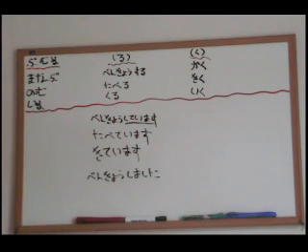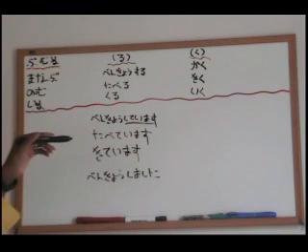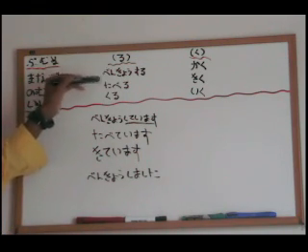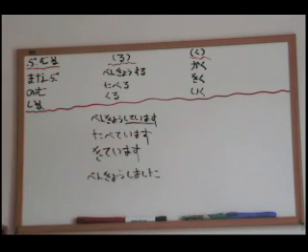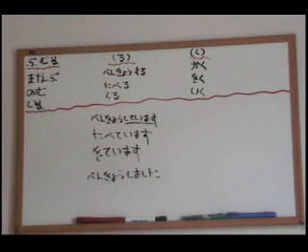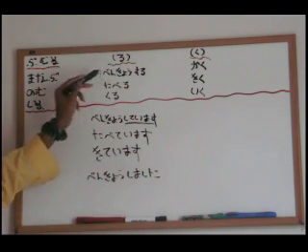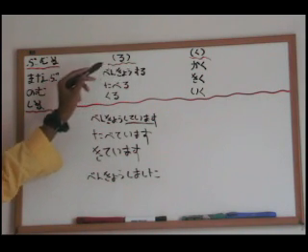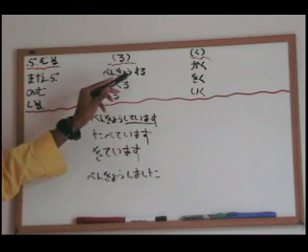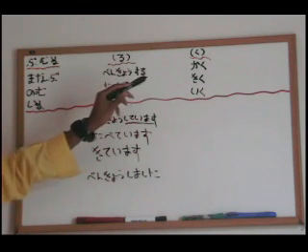Like I said before, the plain form is already in the future tense, but it's less formal. If you want to make it formal, you just have to put the verb into the masu form. So benkyou suru will become benkyou shimasu, the formal. And if you want to say the past tense, it will be benkyou shimashita.